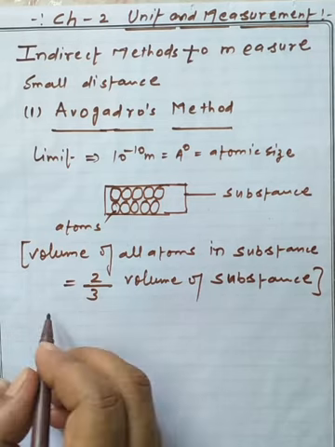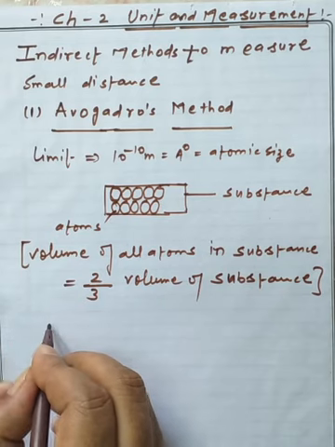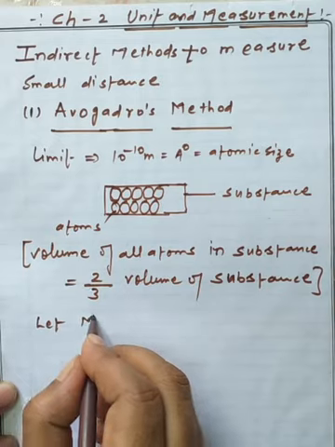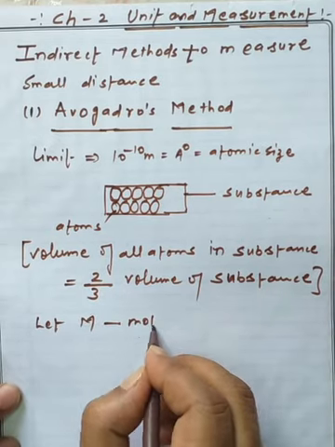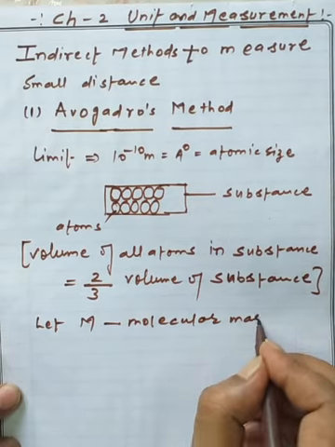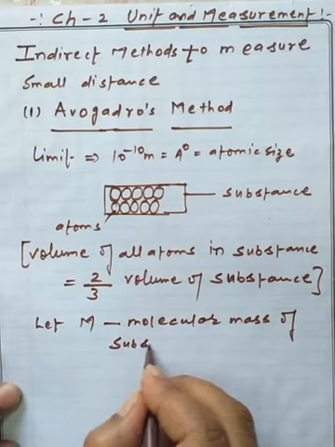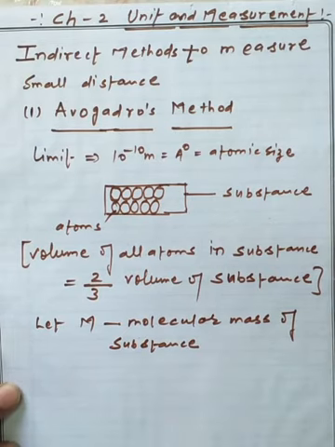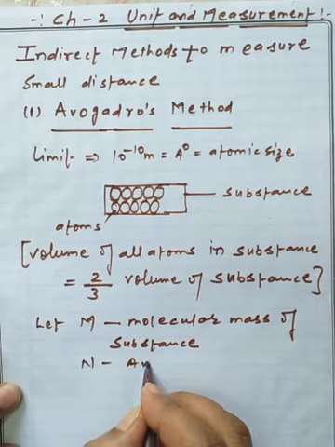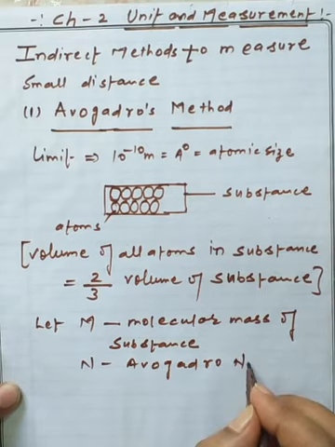So we imagine, let M be the molecular mass of the substance and N the Avogadro number.